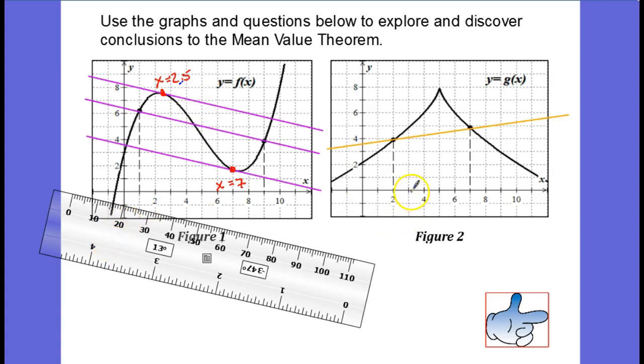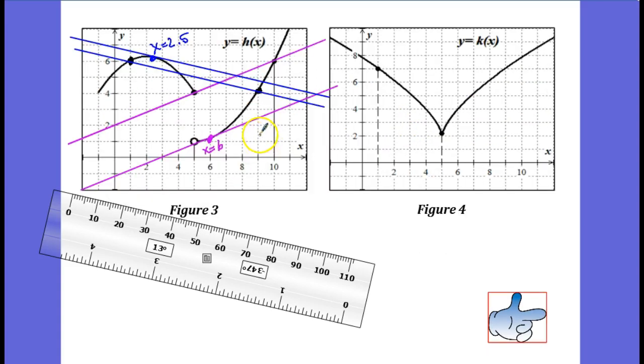In figure 2, we're not able to sketch a tangent line because I do not have a point on the curve that is differentiable and parallel to my secant line. In figure 3, we've sketched our secant lines with parallel tangent lines, and we've also identified our points c for each of our tangent lines. And let's take a look at figure 4 now.